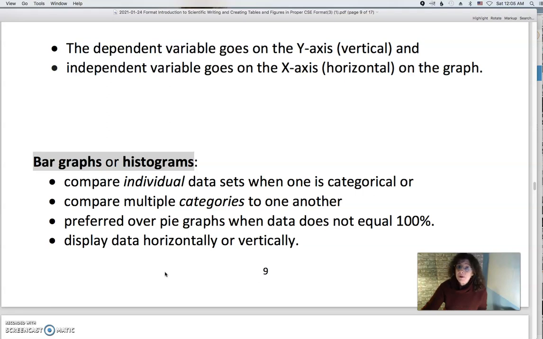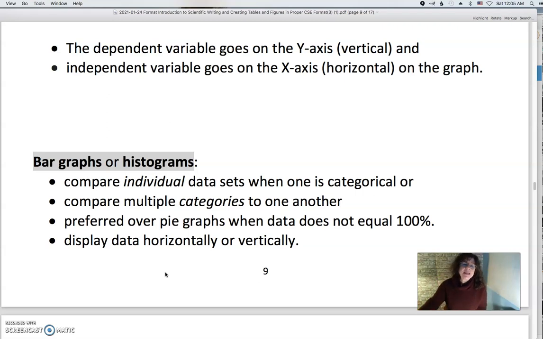Pie graphs are for data that do equal 100%. You're looking at 100% of a pie and dividing it up. In biology, that doesn't always happen. Bar graphs really help us with that same categorical data that is different from 100% total.